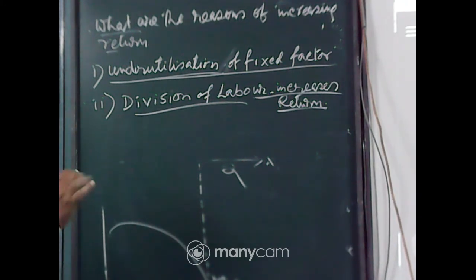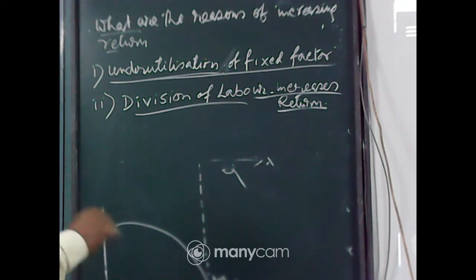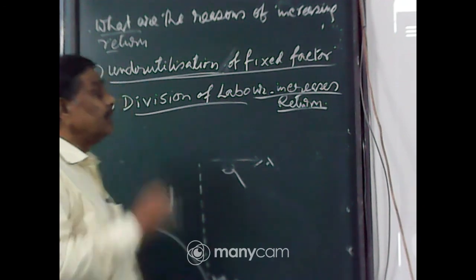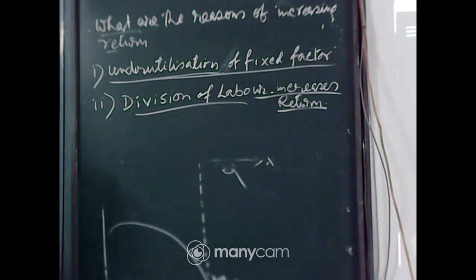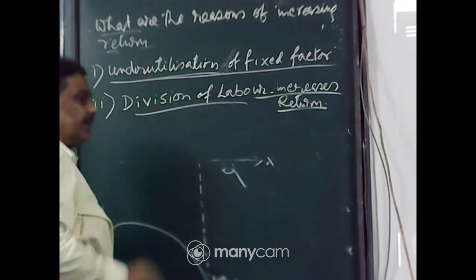You can sing well, but you cannot write well. So you should be employed in singing, and those who can write well should be employed here. Then production will increase. Therefore, if division of labor can be done in the field of production according to the efficiency of the labor, there is the possibility of increasing return.